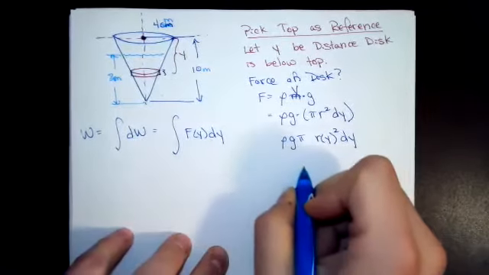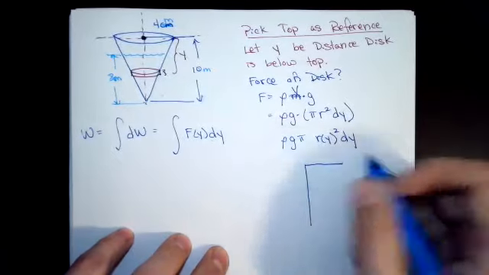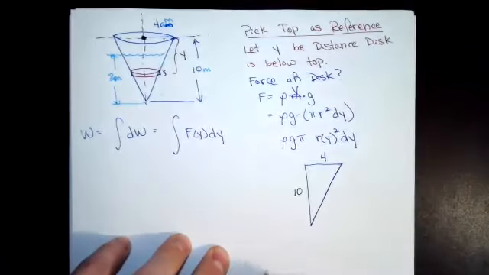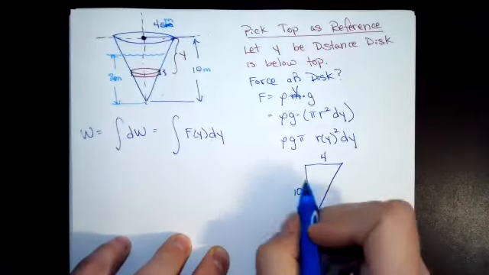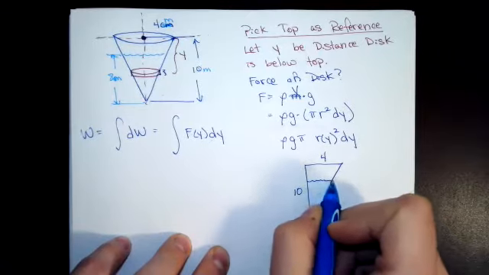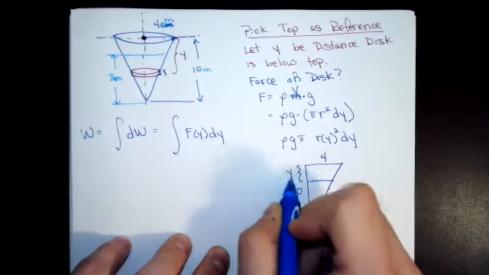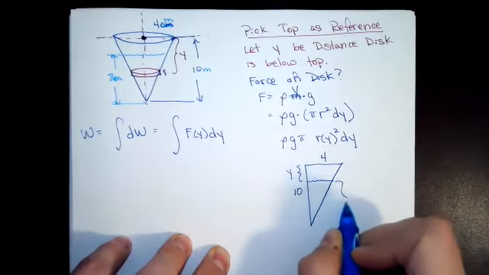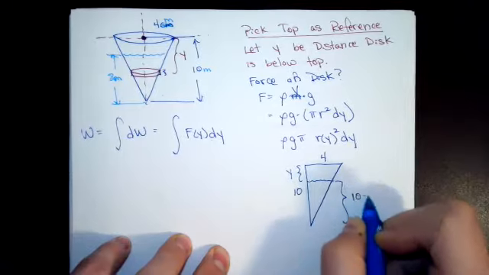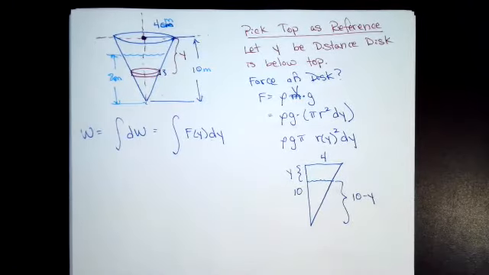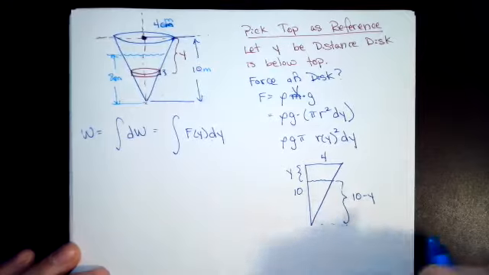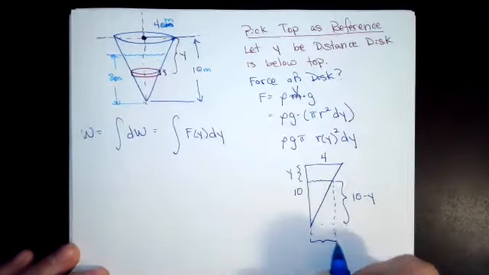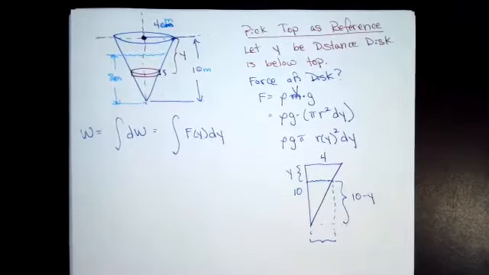So if we pick out our triangles, I know that the entire thing has ratios of 4 and 10, which means at a given water level, if this distance is y, then this distance is 10 minus y. And what we need to know is the radius of the disk.